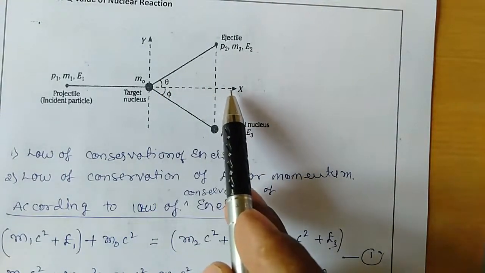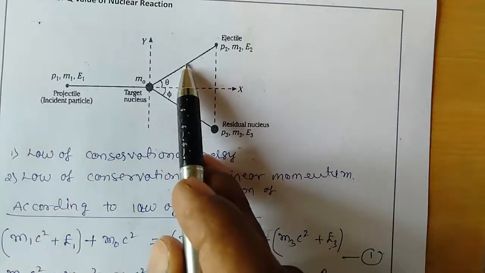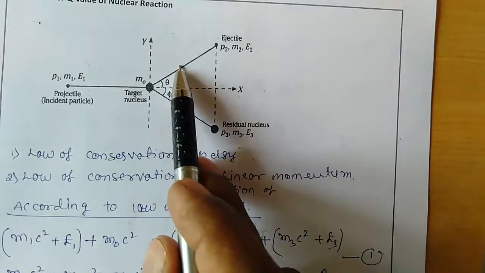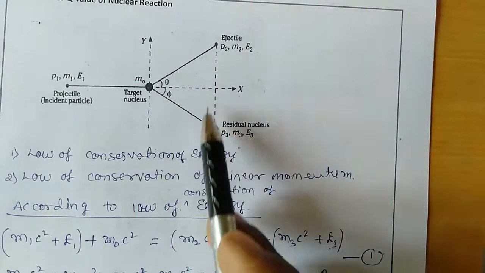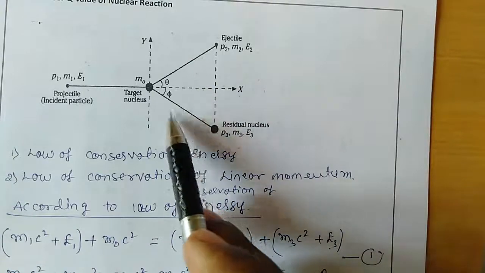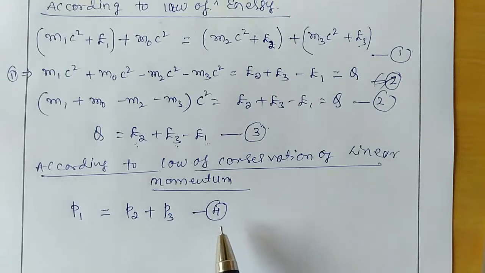By using this and substituting in equation number 4, we are going to calculate the value of the linear momentum. Later on we will be calculating E3, and finally we will get the Q value of the nuclear reaction.